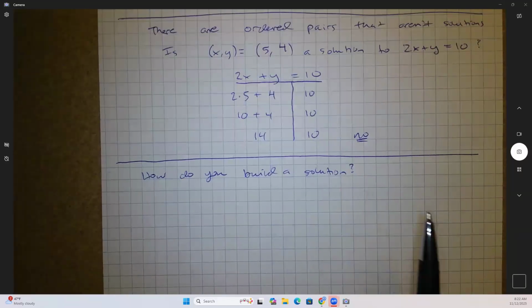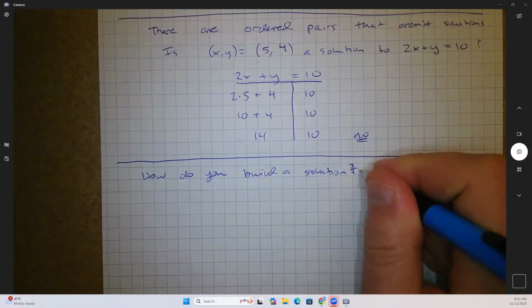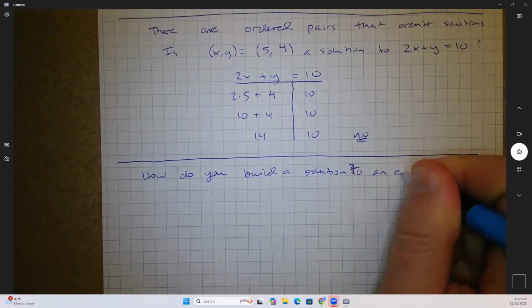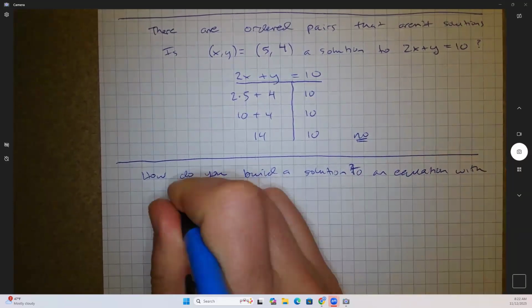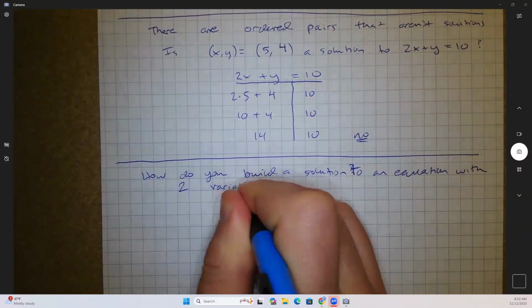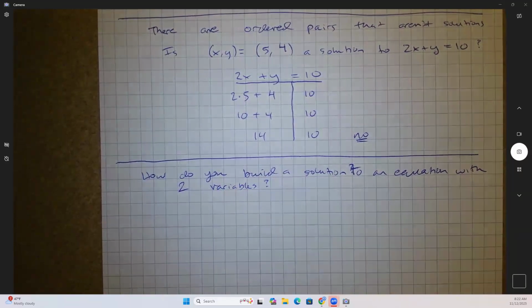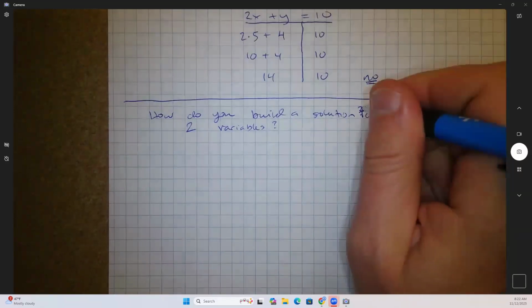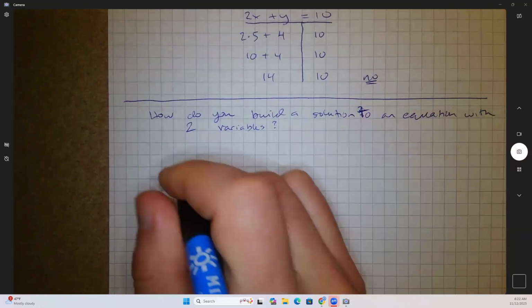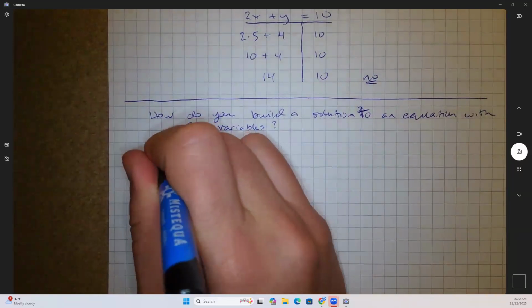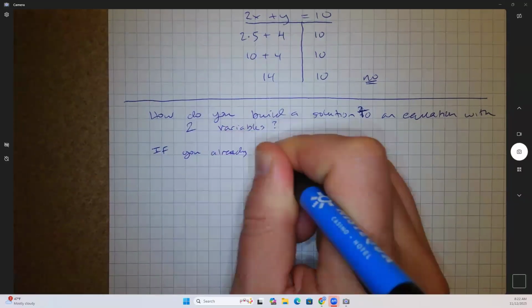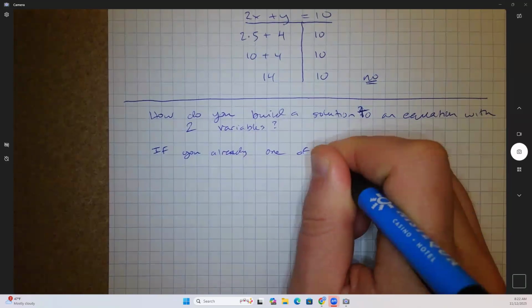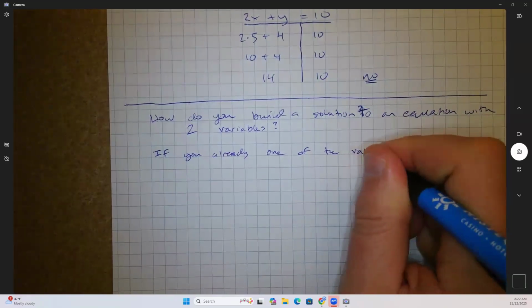So how do you build a solution to an equation with two variables? And there are kind of two different possibilities. The first possibility is if you already know one of the variables' values.